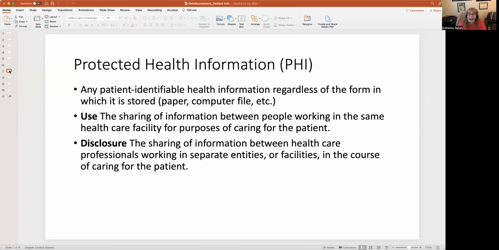Because the patient's name is right at the top, and there has to be a diagnosis to support the medical necessity for the blood work. So the whole ball of wax is right on this one piece of paper, or email or whatever. But the point is that is disclosing. I have to tell the lab why this specific patient requires this particular test. That is disclosing information because we're not in the same office.